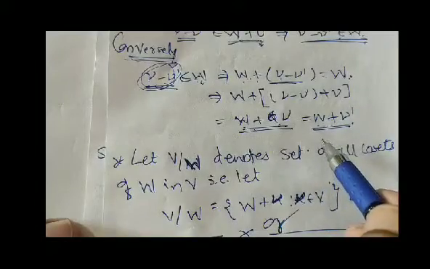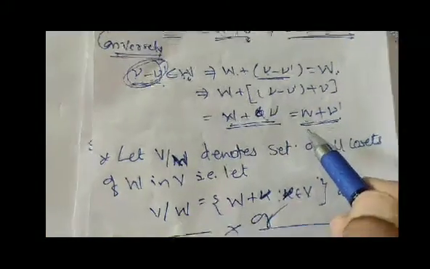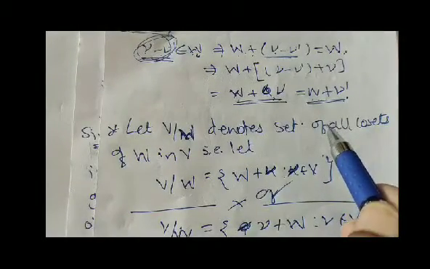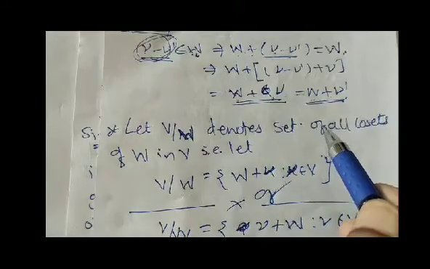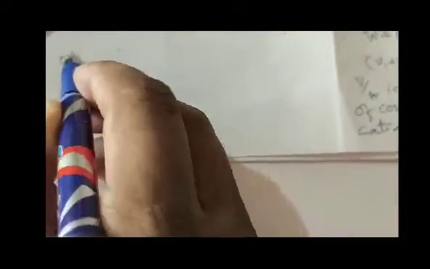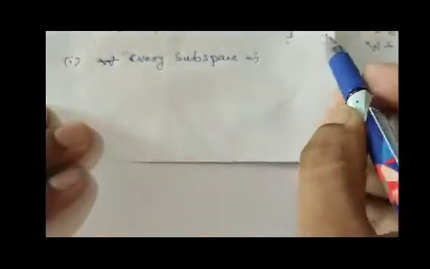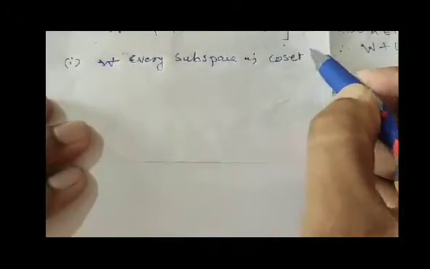So students, here we have discussed some properties of subspaces. Which properties today did we discuss? The first property is every subspace is a coset itself.